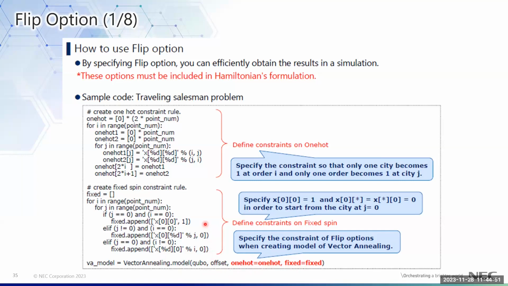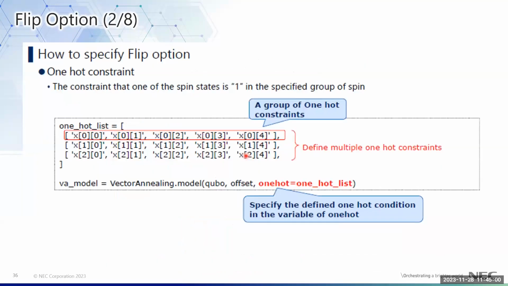There are other flip options as well, which need to be included in the Hamiltonian's formulation itself. One hot constraint means that one of the spins is one in the entire specified group.